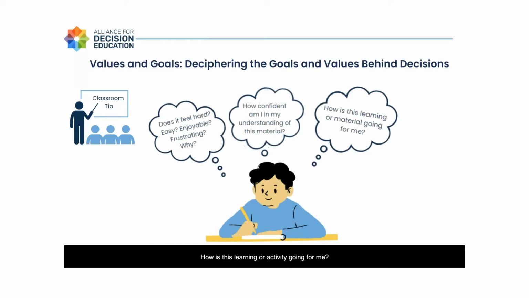How is this learning or activity going for me? Does it feel hard, easy, enjoyable, frustrating? Why? Getting curious about and investigating what you care about for both big and small decisions is an important step in making rational decisions that align with your values and goals.